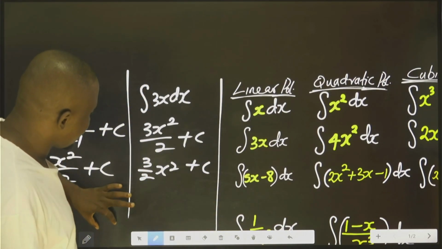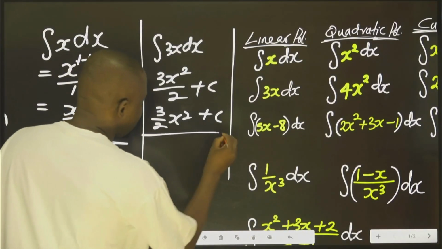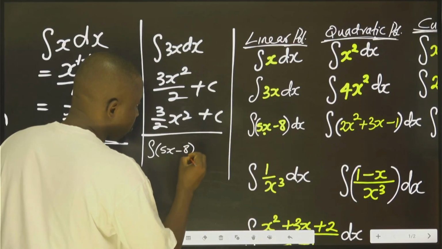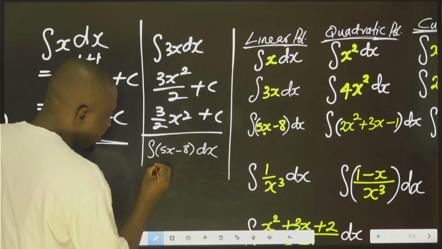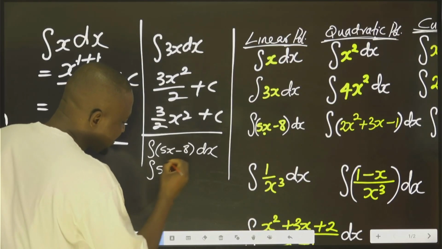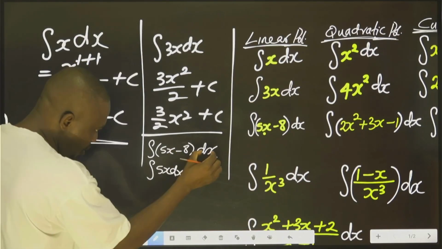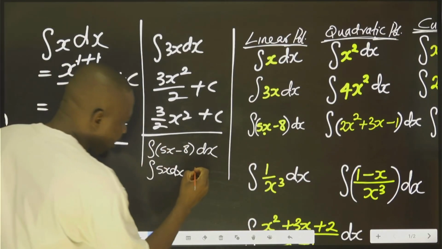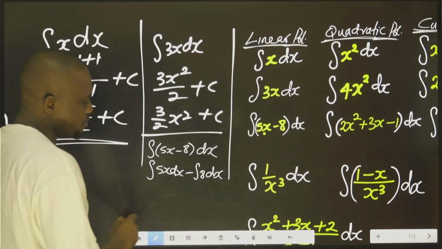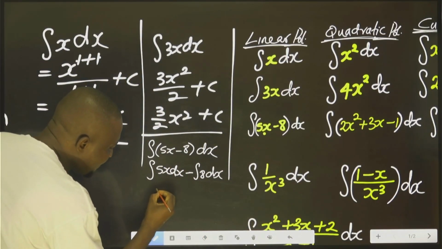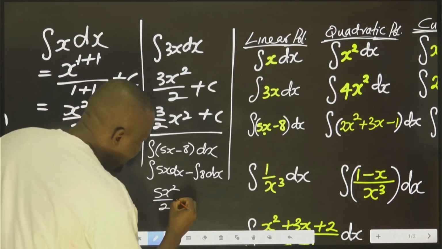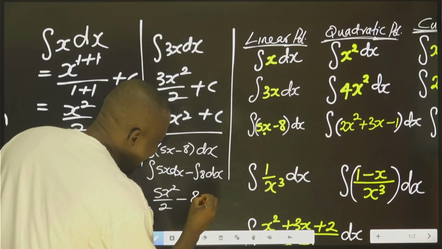Now, this one, for this, we can bring it out like this by saying 5x dx minus, we brought this one closer, then 8 dx. Working on this now is 5x raised to power 2 over 2 minus 8x.